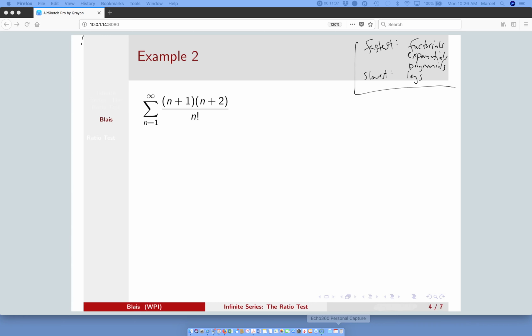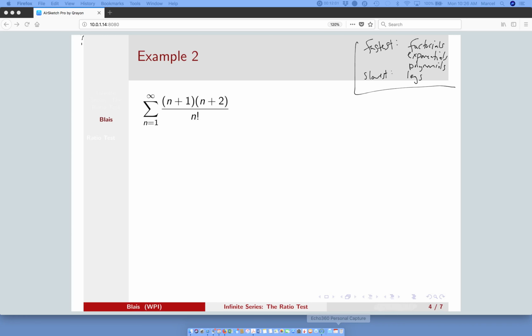That being said, the way we show this is with the ratio test. And with the ratio test, factorials often lend a series to the ratio test being effective.